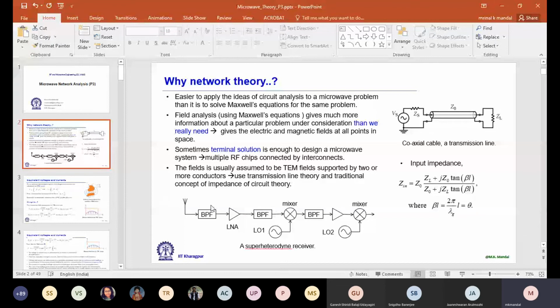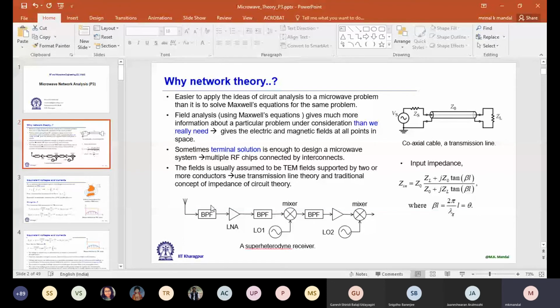If you work as a system engineer, this electric field and magnetic field distribution has nothing to do with you. You will be interested in the terminal behavior. So you have to understand this difference. Sometimes Maxwell's equations, or the electric or magnetic field distribution, generate too much information, not required for our practical purpose. So only the terminal solution is enough.